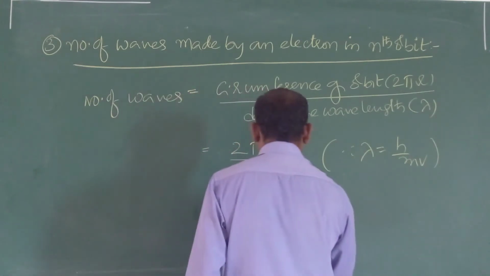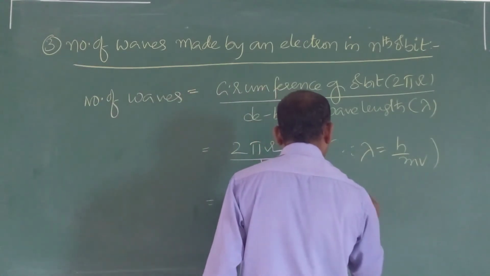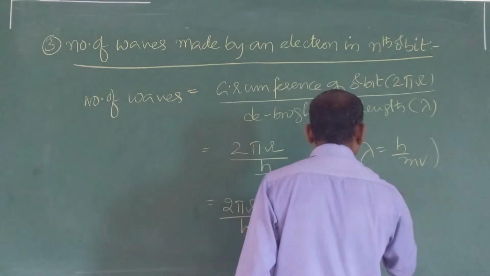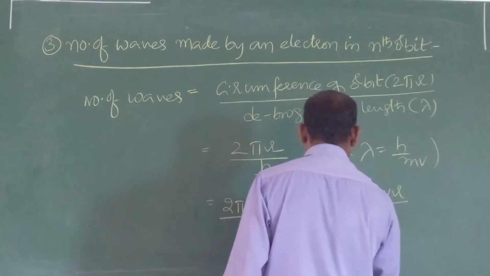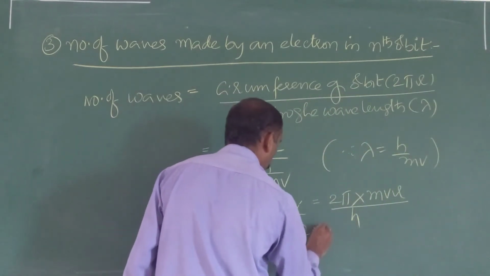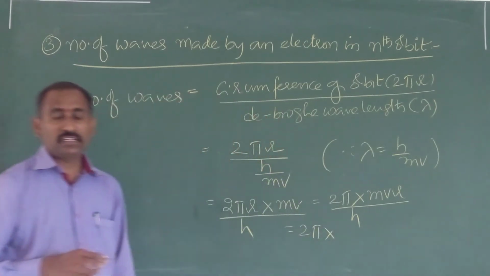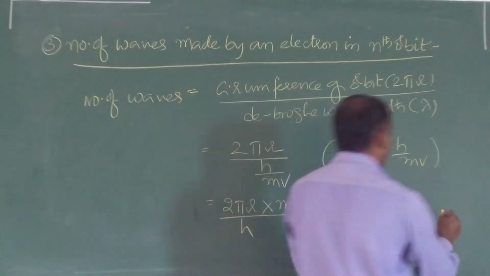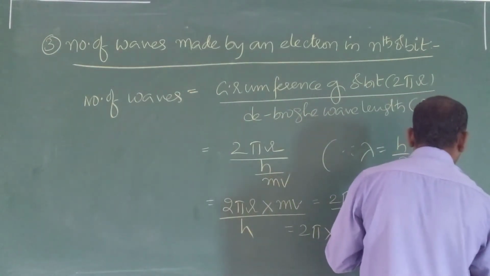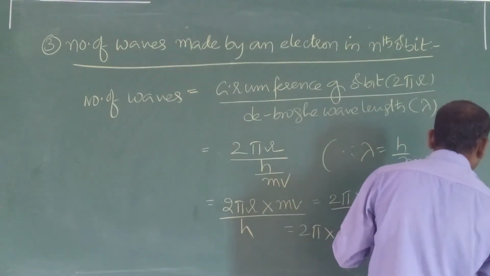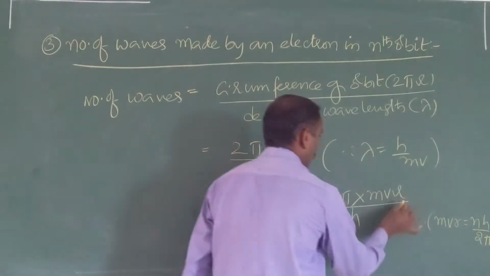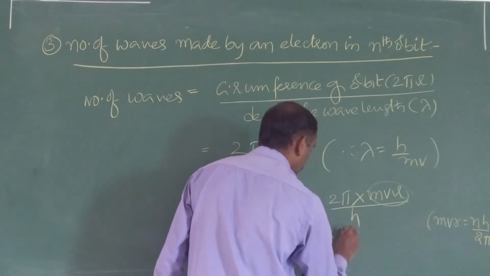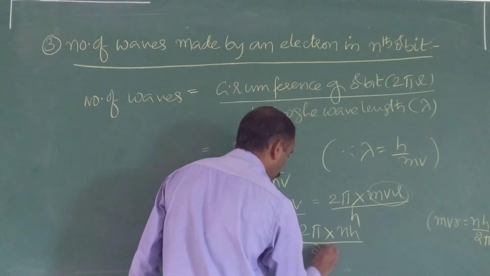It can be rewritten as 2 pi into mvr by h. According to Bohr's postulate, angular momentum of an electron mvr equals nh by 2 pi. Therefore, in place of mvr, we substitute nh by 2 pi.